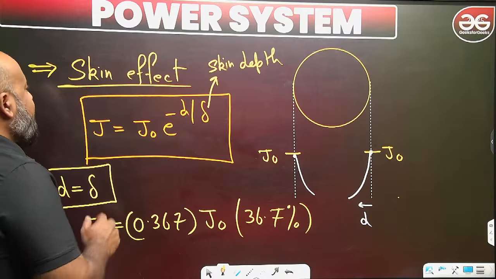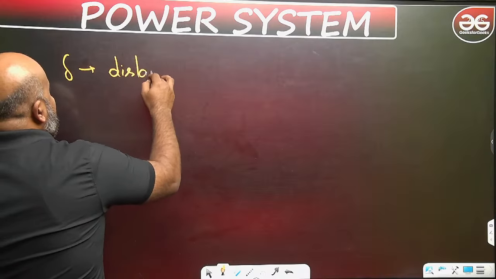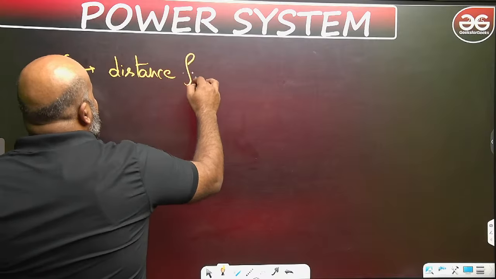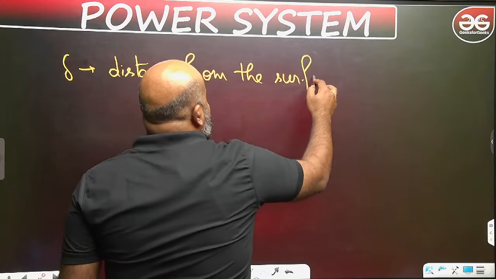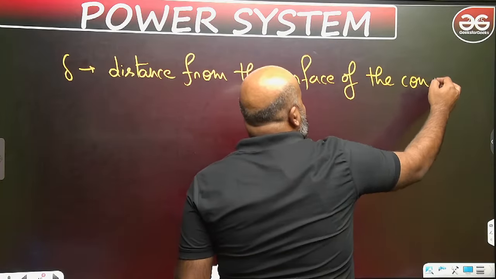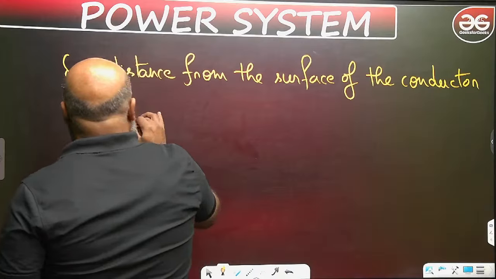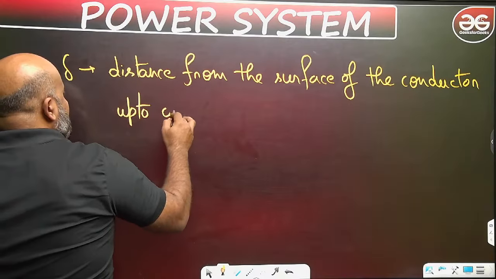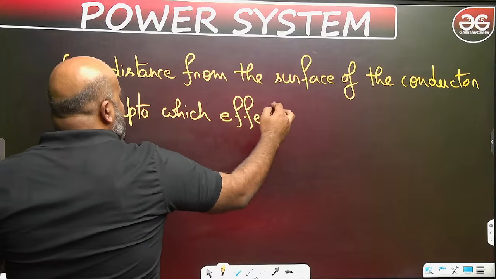So you are defining del as the distance from the surface of the conductor up to which effective current is present.